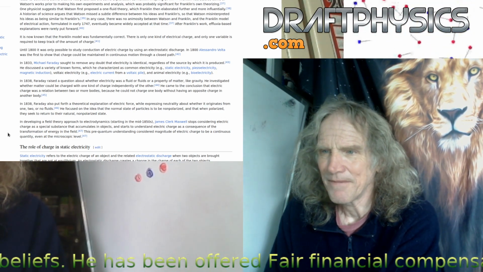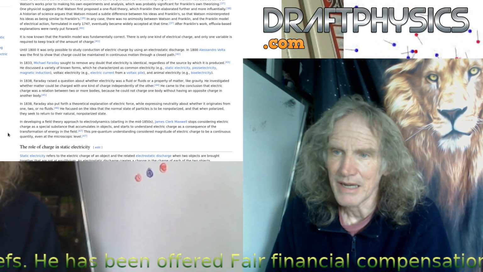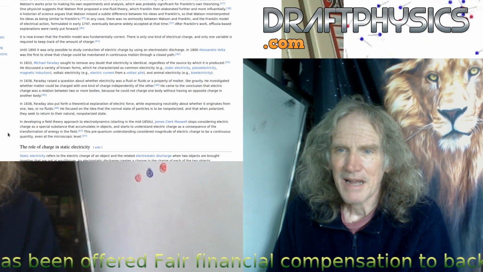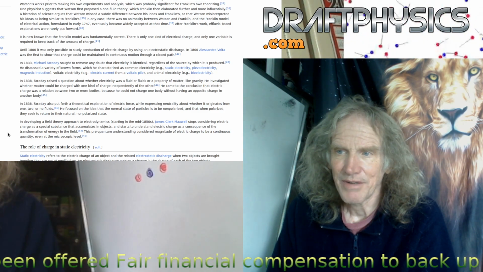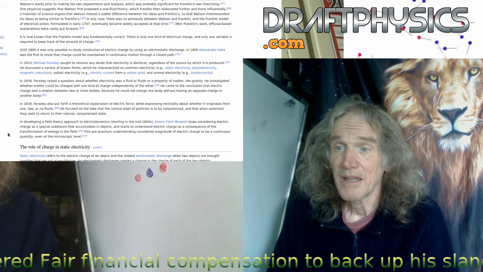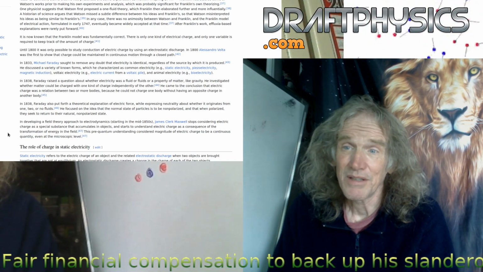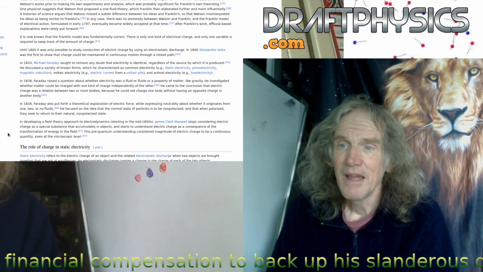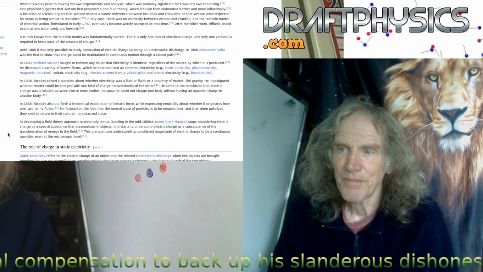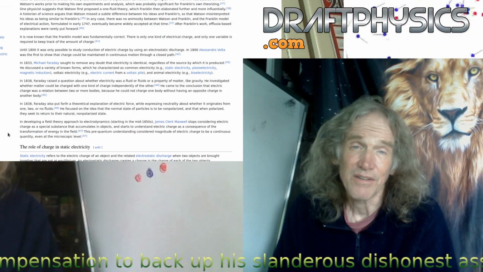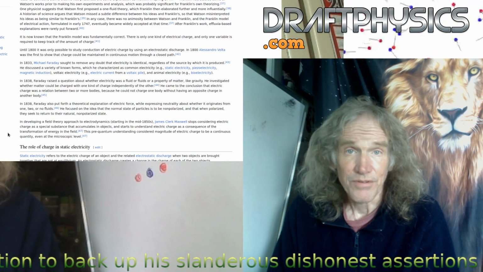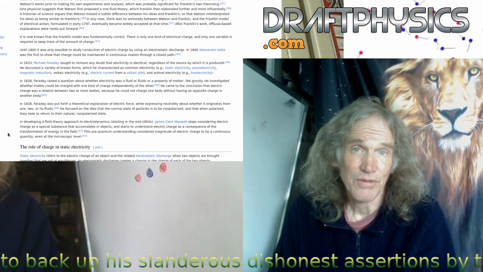In developing a field theory approach to electrodynamics, starting in the mid-1850s, James Clerk Maxwell stops considering electric charge as a special substance that accumulates in objects. So we're really jumping now, 1850, and he starts to understand electric charge as a consequence of transformation of energy in the field. So the argument of fields is in electrons, right?